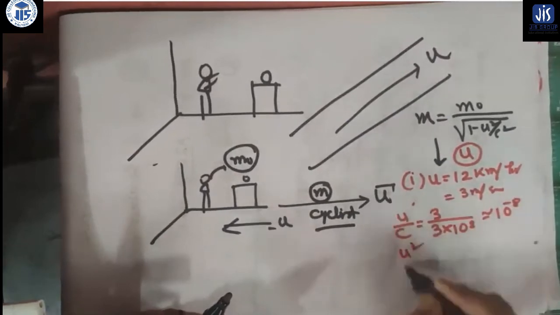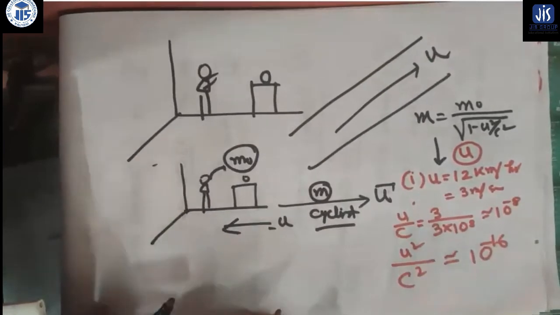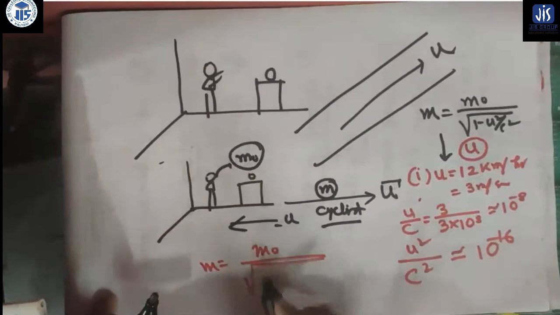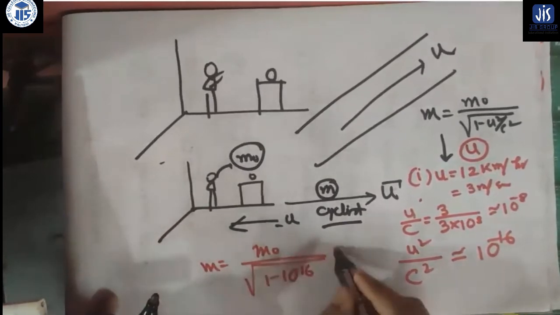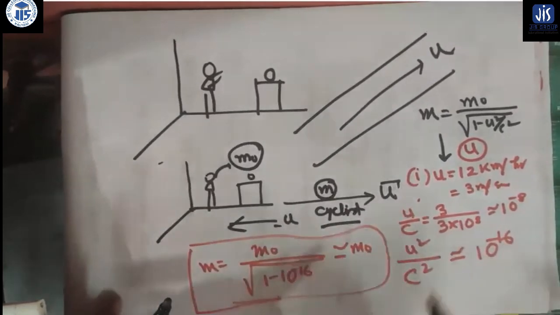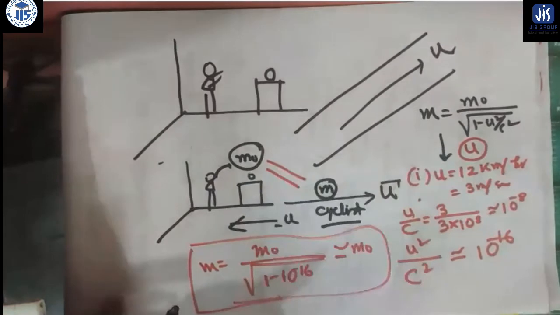So if you calculate u square by c square, it will be of the order of 10 to the power minus 16. Now if you put it in this formula of m0 by root over 1 minus 10 to the power minus 16, it is almost m0. So for daily life speed, that is a normal cycle moving, this m and m0 are the same. I do not see any mass variation.